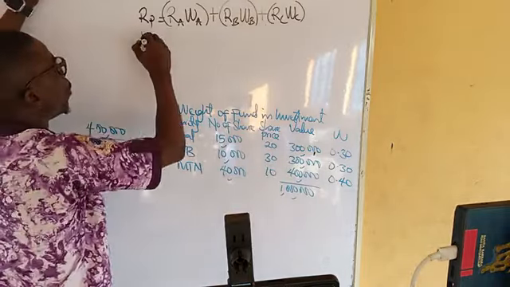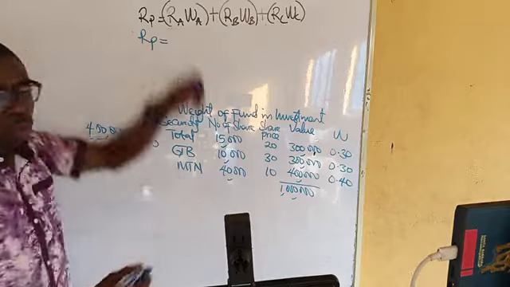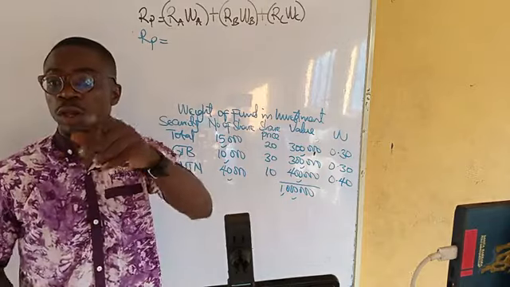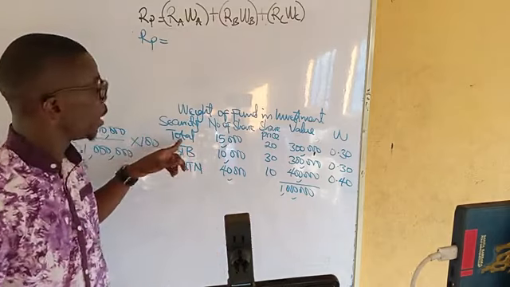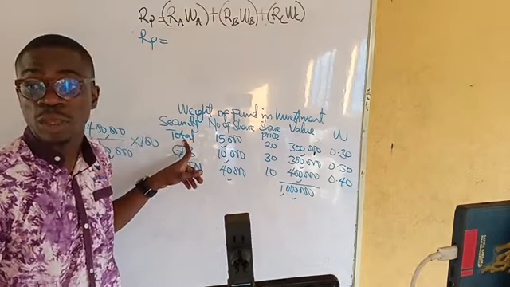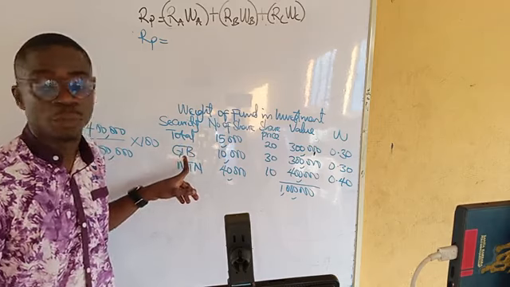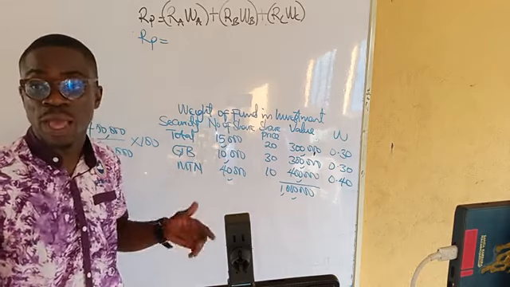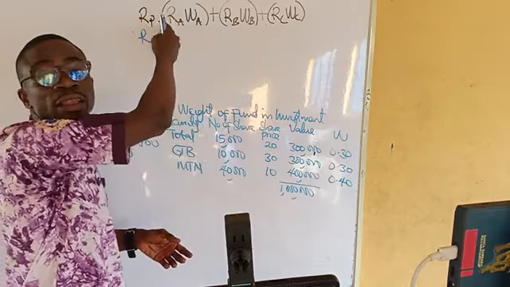Now, the return on the portfolio will be equal to... from your notes, you can say Total should be Investment A, GTB should be Investment B, and MTN should be Investment C. If you like, you can write the name there.